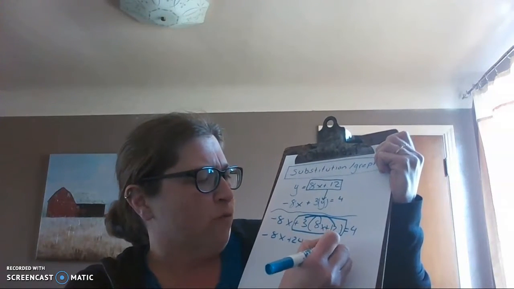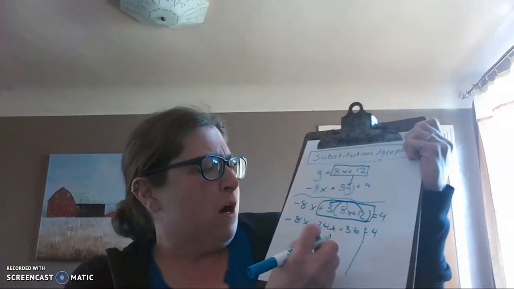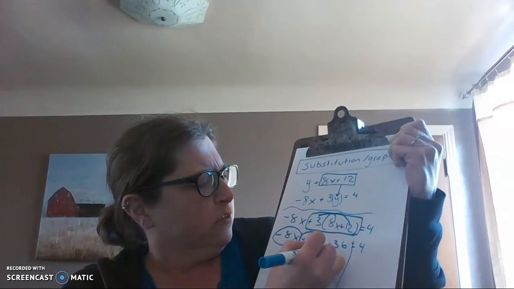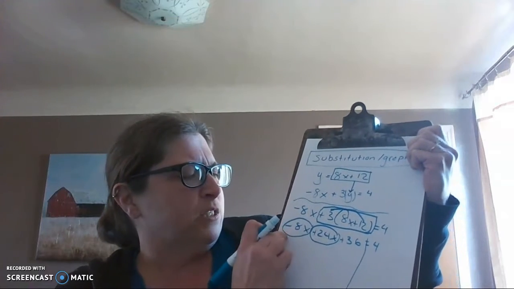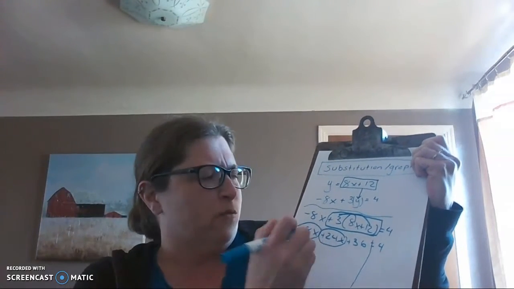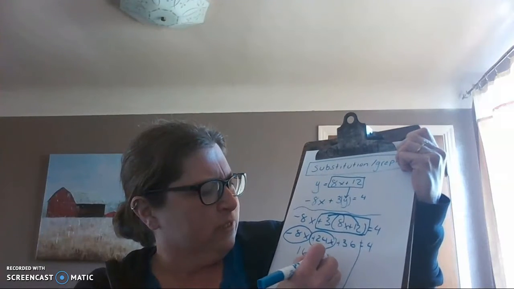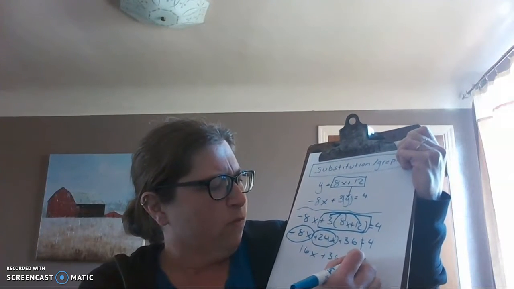And that still equals your 4. All right, now I'm going to find my like terms. I've got a like term here and a like term here. So I'm going to combine these two, negative 8 and 24, 16x, plus 36 equals 4.